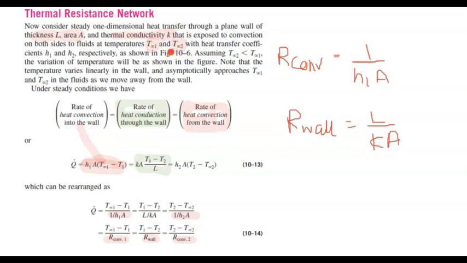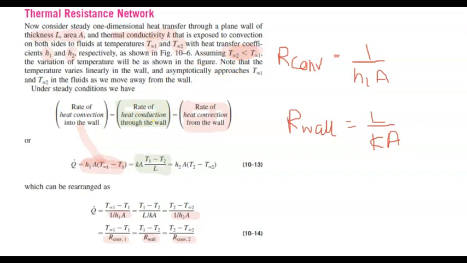The heat transfer coefficient for the inside is H1, and for the outside is H2. We need to make an assumption that T infinity 1 is a lot bigger than T infinity 2. Otherwise, the heat is not going to flow from inside to outside. It will be the other way around.